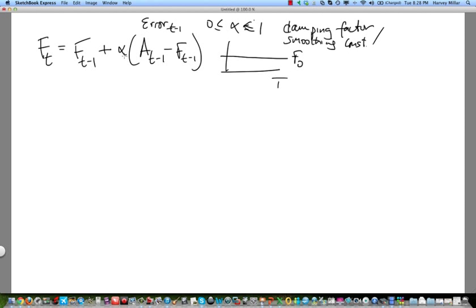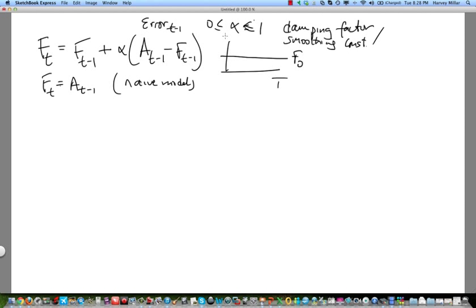However, if we made it equal to 1, this term will cancel out this term, and essentially what we would get is ft equals a t minus 1. That means our next forecast will be the actual from the last period. But what is this? This is the naive model. So if we now make alpha between 0 and 1, we're somewhere between doing nothing and being totally responsive.